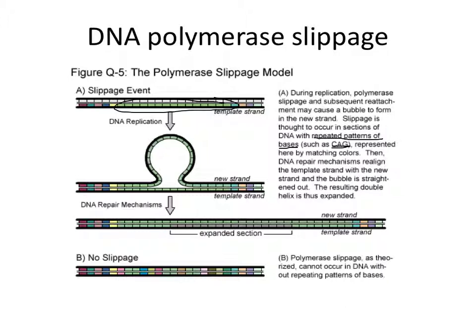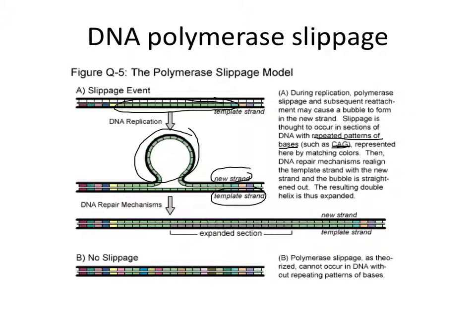Okay? And what will happen is the DNA polymerase seems to get somewhat chemically confused as it's traveling over this, and it will make a stretch that is too long on the new strand. So the new strand is shown on the top, and the template is below, and DNA polymerase essentially got carried away and it made too many copies of this CAG repeat.